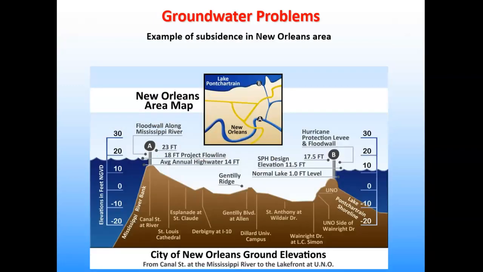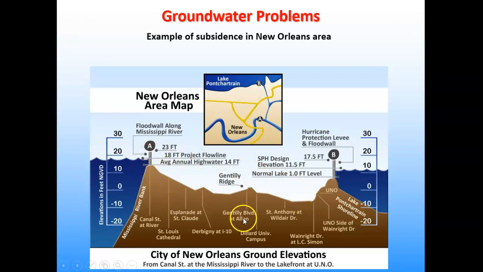As an example, this is a cross-section through New Orleans, where the Mississippi River is on one side and Lake Pontchartrain is on the other. You can see that people are living here, and the only way they can continue to live here is that they have to build these very huge walls to keep the water out, because in places we're below sea level.